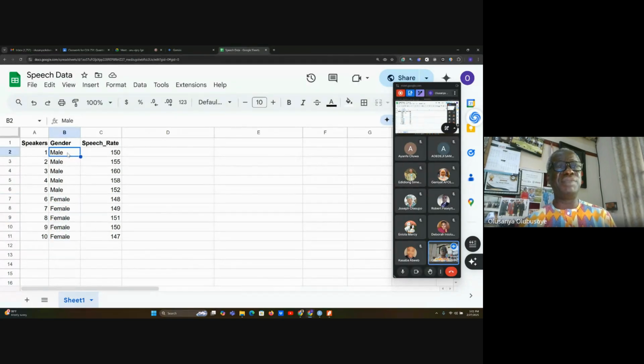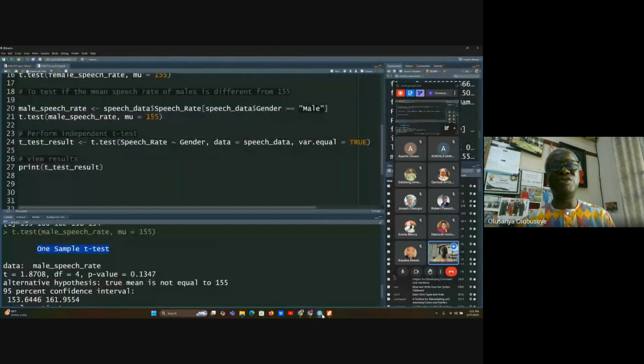So we can compare the mean speech rate of male and the mean speech rate of female. To do that, we perform an independent t-test, which we can easily do with our data.